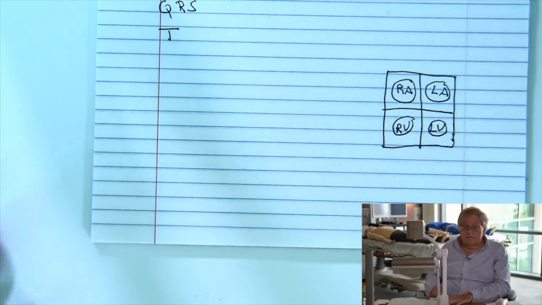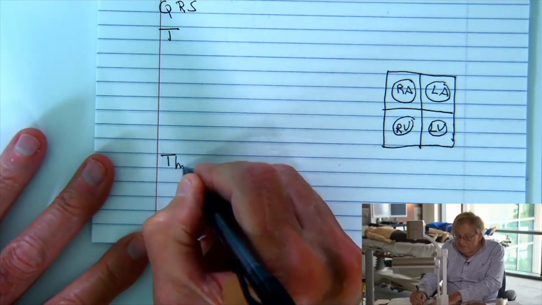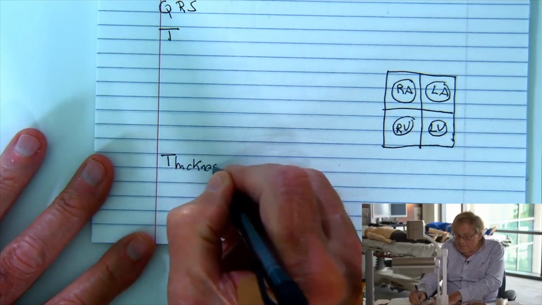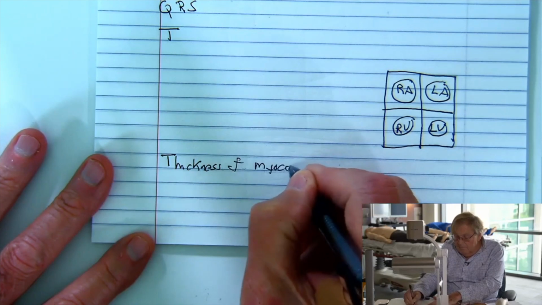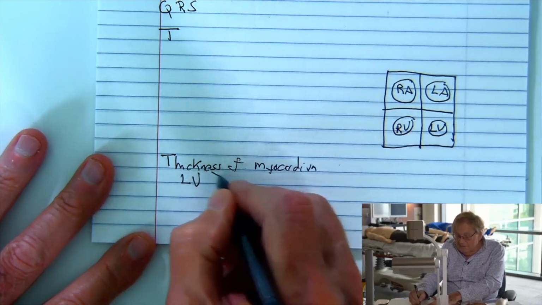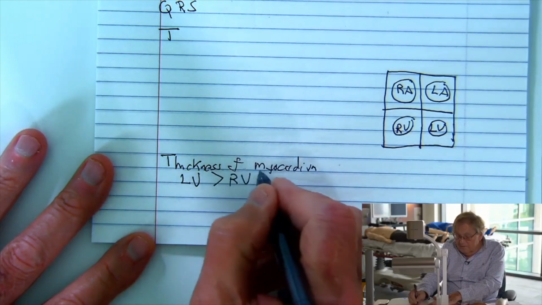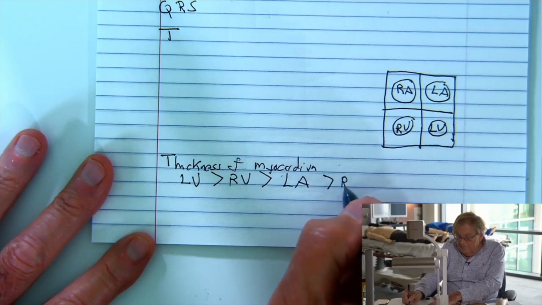So just to get the big picture as far as thickness of the myocardium, the left ventricle is thicker than the right ventricle, is thicker than the left atrium, is thicker than the right atrium.